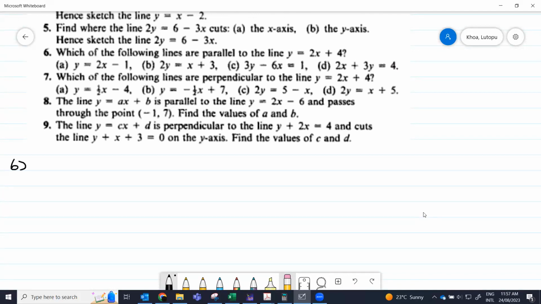Question 6, we're given the line y is equal to 2x plus 4. And then this is a multiple choice question. We are asked which of the following lines are parallel to y is equal to 2x plus 4. So remember, for parallel lines, the gradients must be equal.